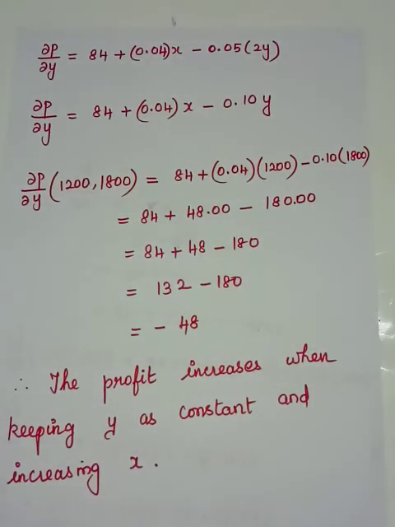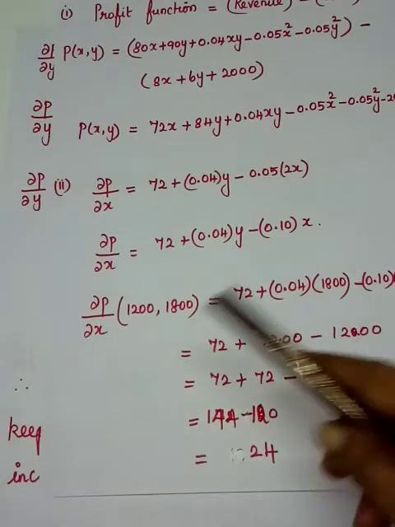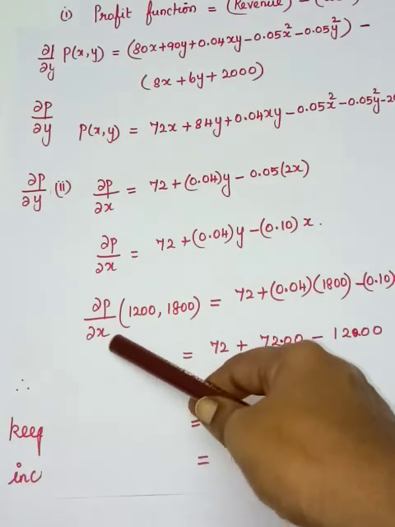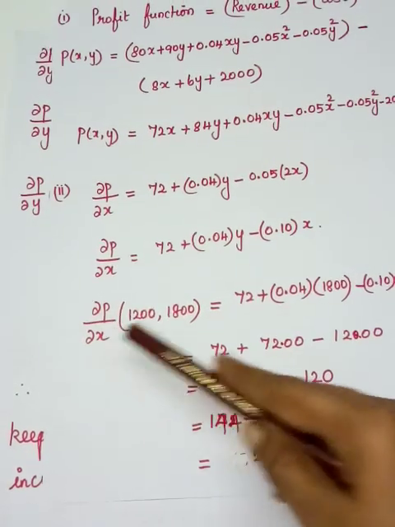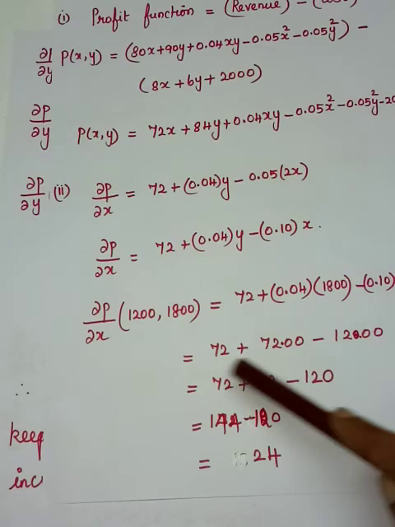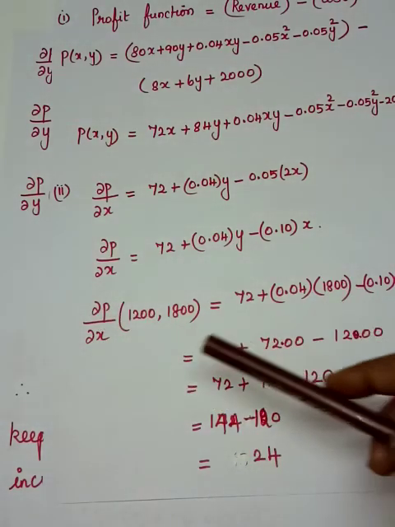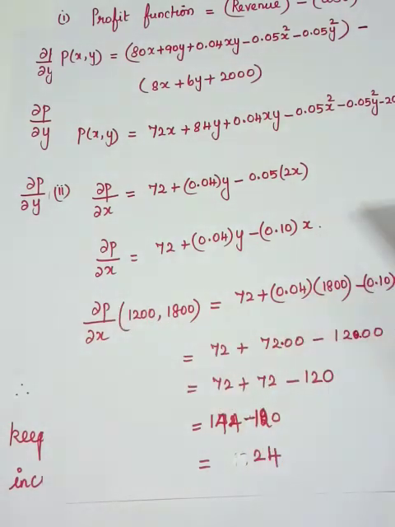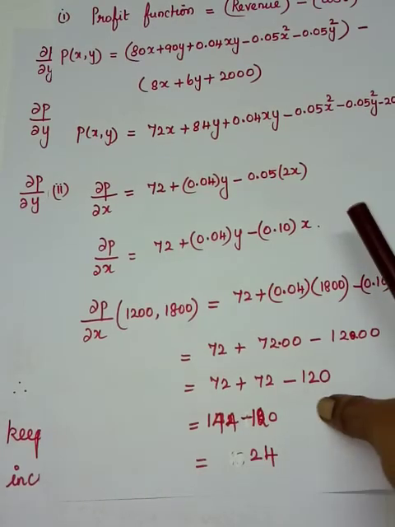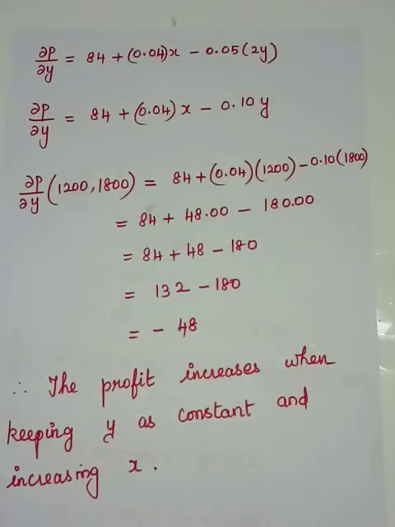So interpret these results. Okay, so what you have to do, you see that for dou p by dou x, the profit increases when keeping y as constant, because dou p by dou x is 24. Dou p by dou y is negative.